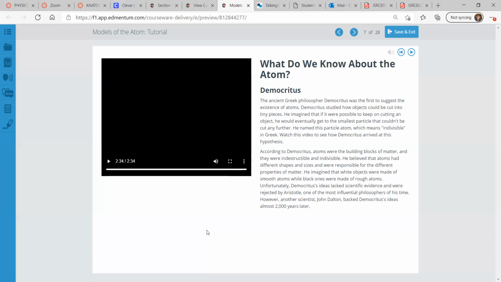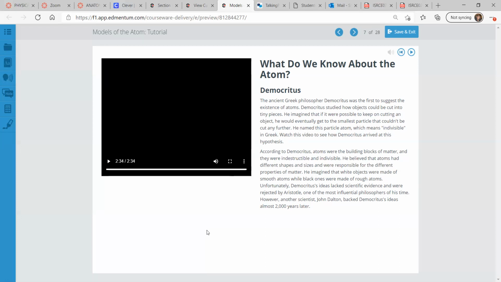According to Democritus, atoms were the building blocks of matter, and they were indestructible, indivisible. He believed that atoms had different shapes and sizes and were responsible for different properties of matter. He imagined that white objects were made of smooth atoms, while black ones were made of rough atoms.